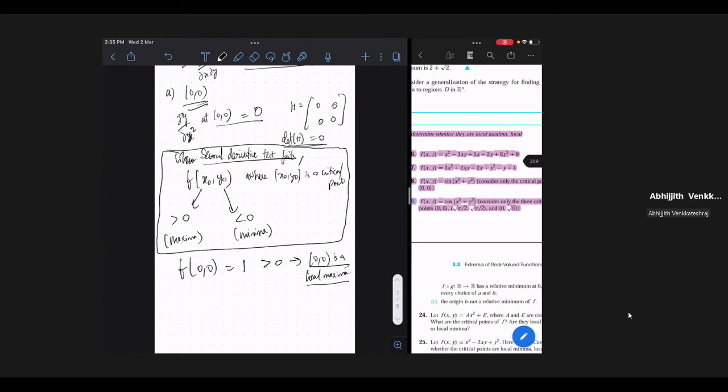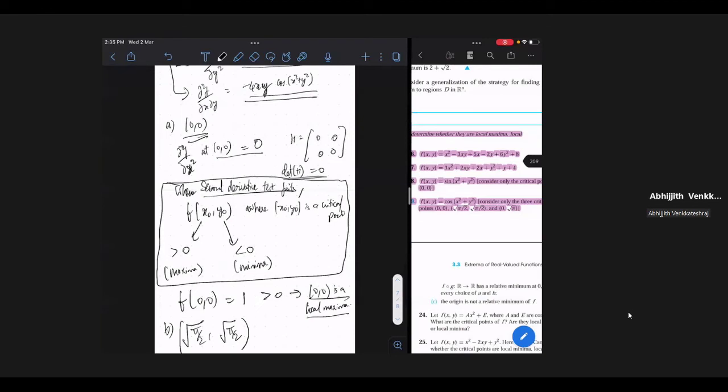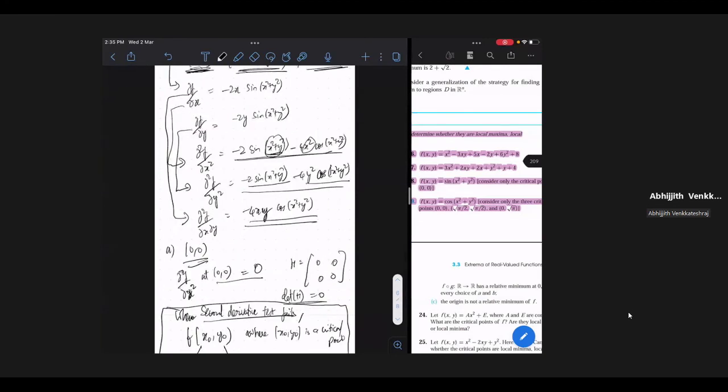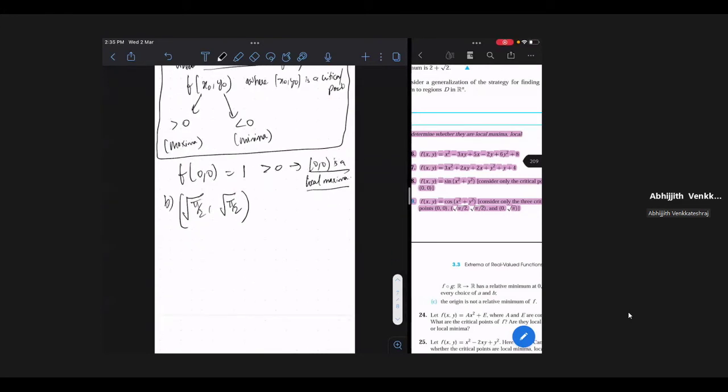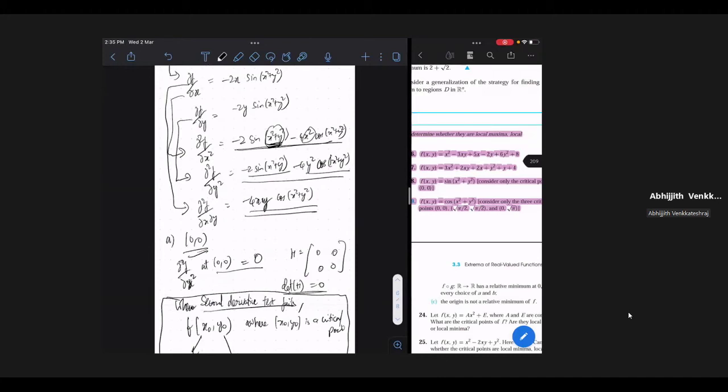The next one is let's take the point root of pi by 2 comma root of pi by 2. We need to classify this point. For this, you'll again see what happens if you substitute here. So you're going to get x squared plus y squared, which is pi by 2 plus pi by 2, which is pi. So let's see what happens if we substitute pi here. This term is going to be 0, and this term is going to be minus 1.